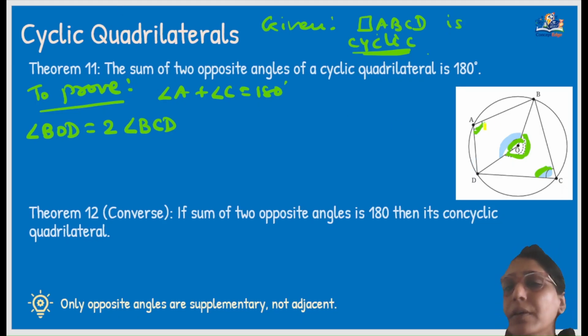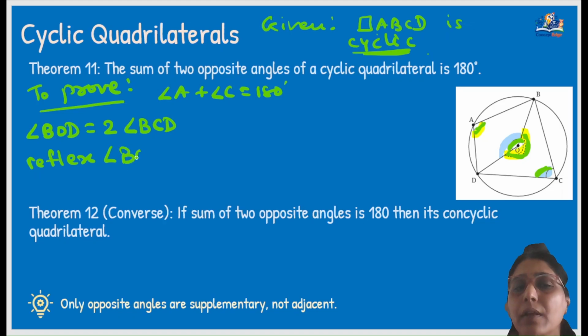Now if I consider angle A, then I have to take the central angle as the reflex angle of angle BOD. So the reflex of angle BOD equals 2 times angle BAD. When I add them, BOD plus reflex of angle BOD gives me 360.